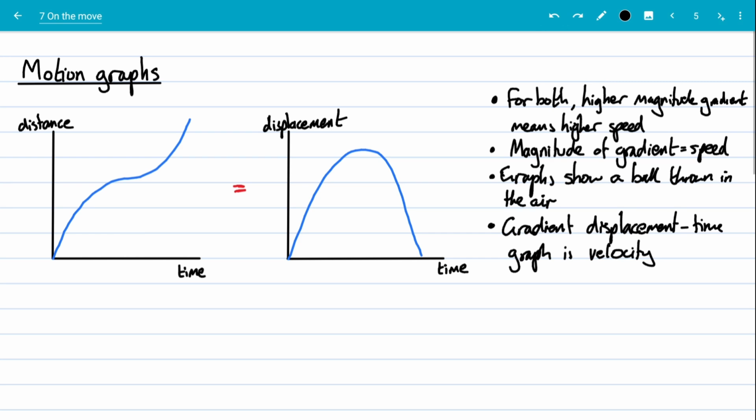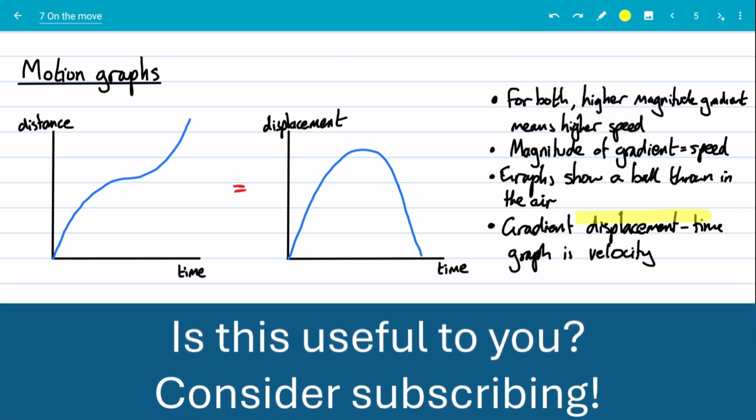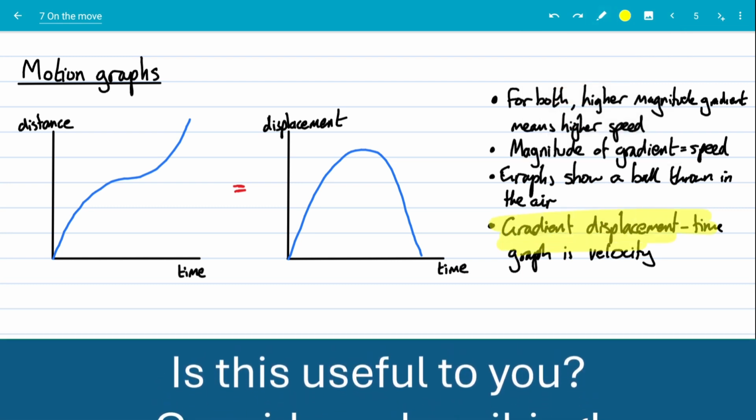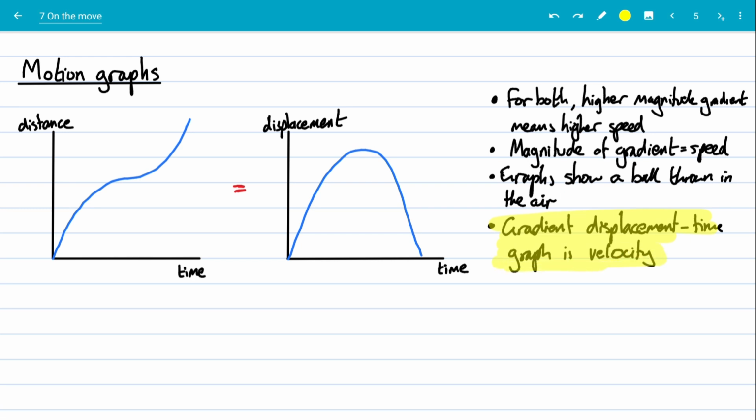And that is exactly what we see here. So that is one of those super duper important facts to remember, that the gradient of a displacement time graph is the velocity. Absolutely crucial. But you should also remember that the magnitude of the gradient for either of these graphs is the speed. That is true. So that's distance and displacement graphs.